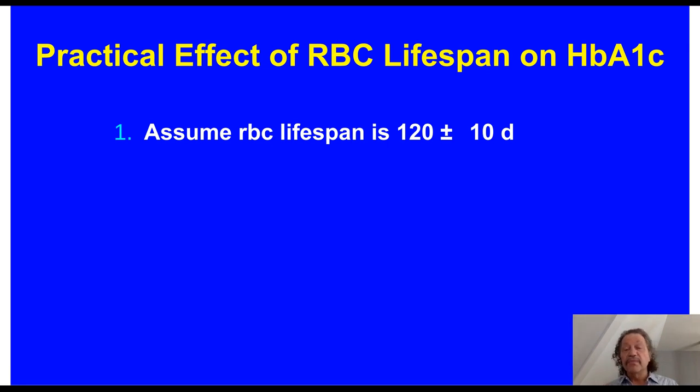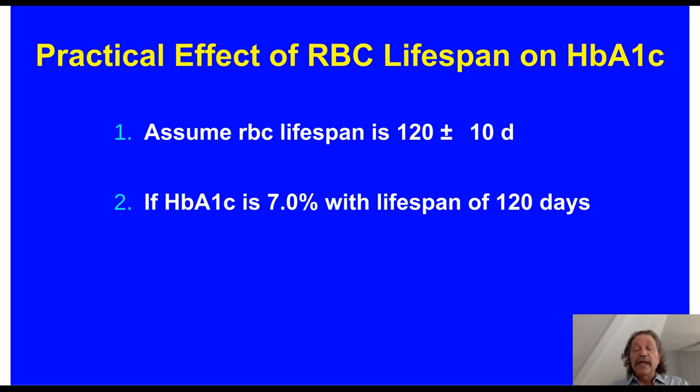So let's assume, and I don't know that this is real, but let's assume the red cell lifespan is 120 plus or minus 10 days. If the individual has a hemoglobin A1c of 7% with a lifespan of 120 days, if their lifespan were 110 days, the hemoglobin A1c would be 6.4%.